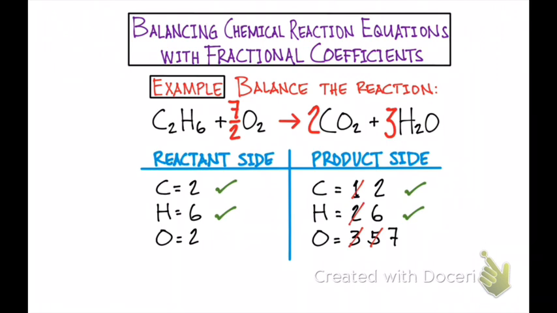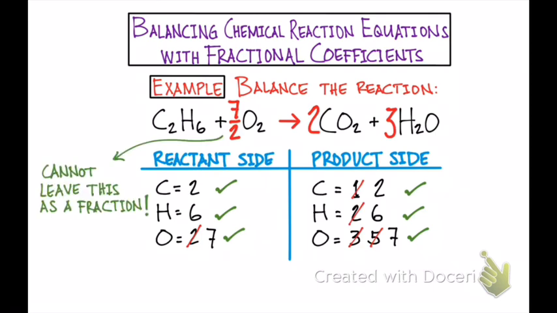Because we have 7 here and only 2 here, we can use a fractional coefficient. 7 over 2 basically gives us a total of 7 oxygen atoms, because 7 over 2 times 2 gives us a total of 7 oxygens. So now the number of oxygen atoms is balanced.